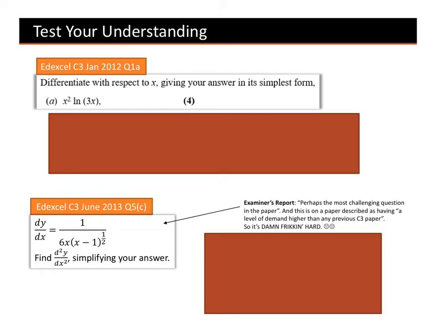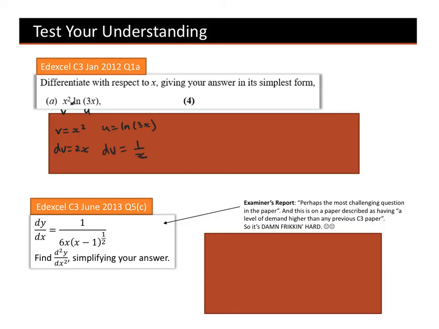So for the first one, it's clearly a product because we've got 2 functions multiplied by each other. Going to label them v and u. v equals x squared, dv equals 2x, u equals ln of 3x, du equals 1 over x. Remember?